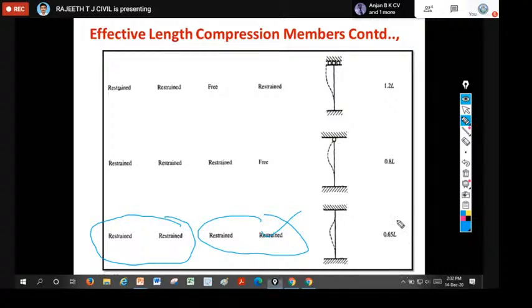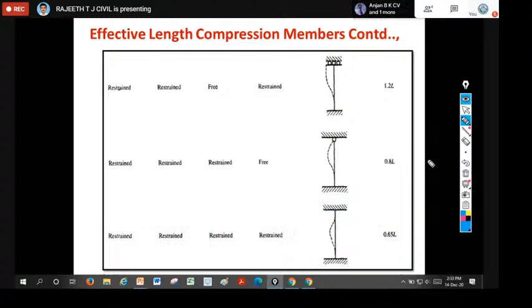Here, what is the k value? 0.65 times L, where L is the actual length. This is the effective length according to the code. Both ends are fixed, that is, translation and rotation are restricted. If a member is fixed at both ends, you can provide 0.65 times L.